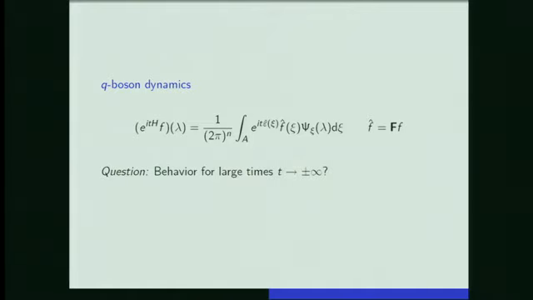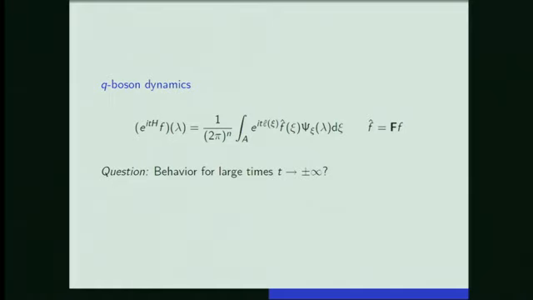So here I've written down the q-boson dynamics. Since we have diagonalized the system, we can just write down the action of the dynamics in terms of an oscillatory integral of a wave packet. So here it is. And now I'm interested in the dynamics for large times.